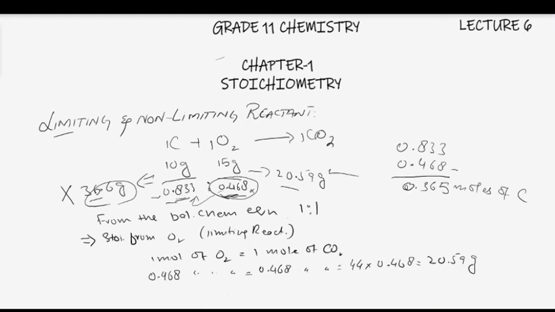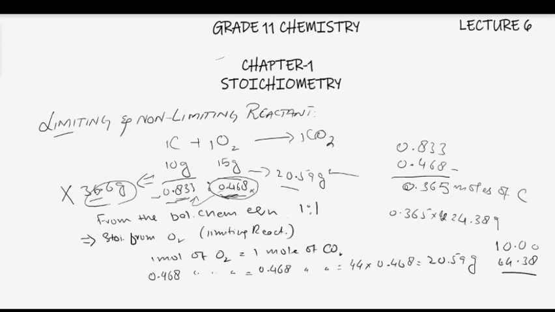And if you convert these 0.365 moles into mass of carbon, so you multiply this with 12, that is equal to 4.38 grams of carbon, which means that if we have 10 grams of carbon, 4.38 grams of carbon are left behind.